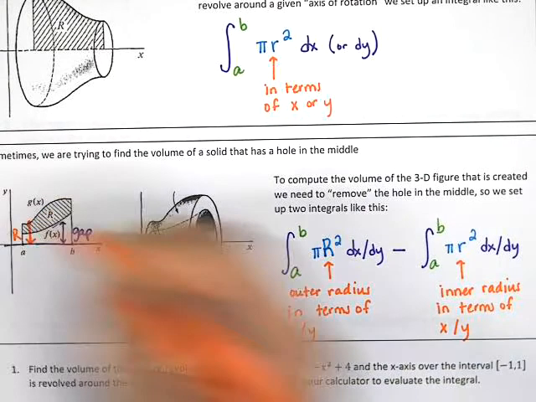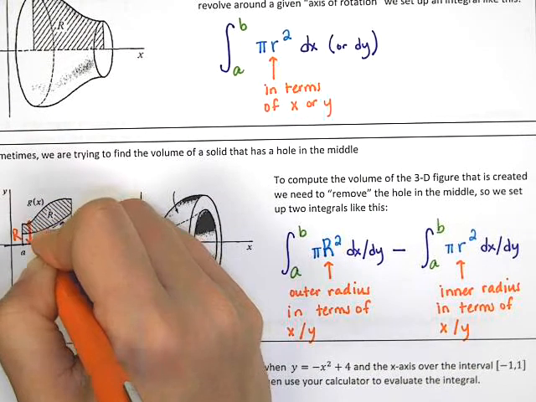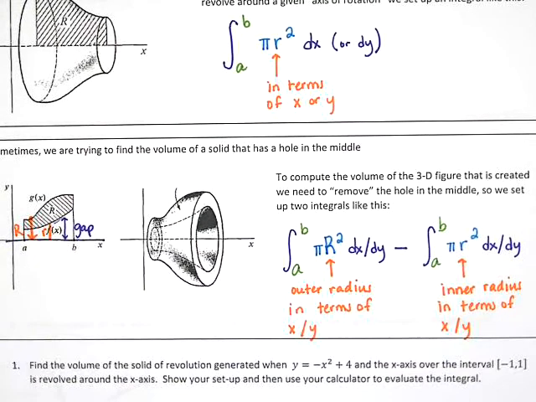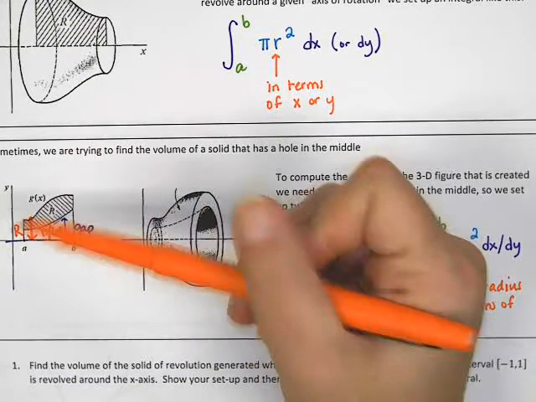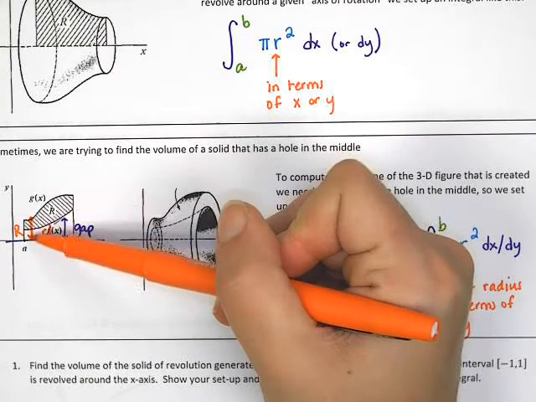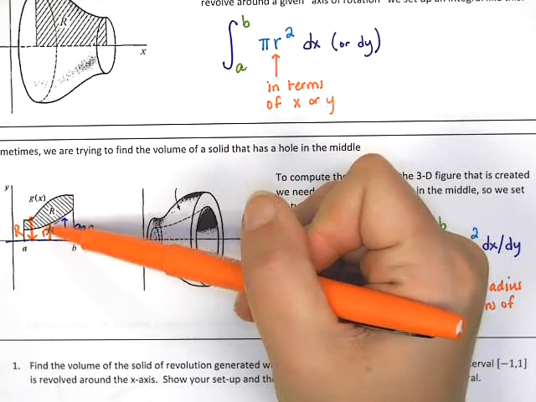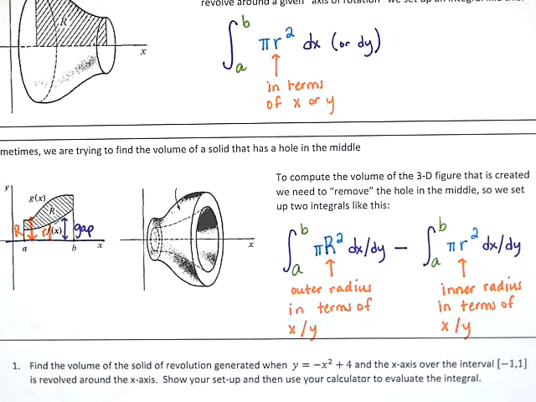That would be big R. And little r would be the inner function minus the axis. So if we were doing top minus bottom, we would do outer minus axis, inner minus axis for the big R and the little r.